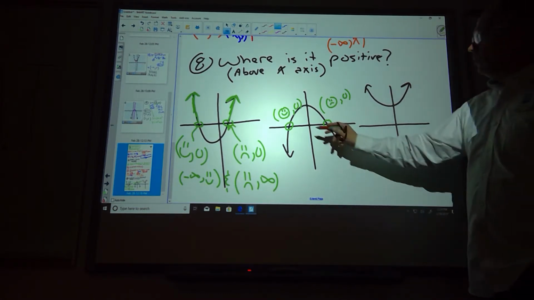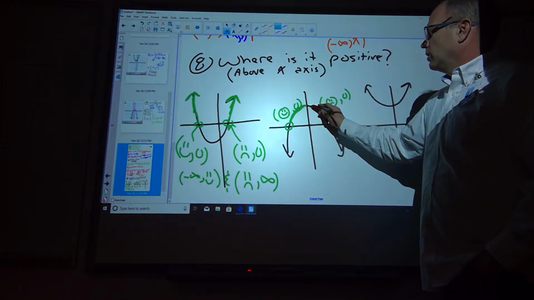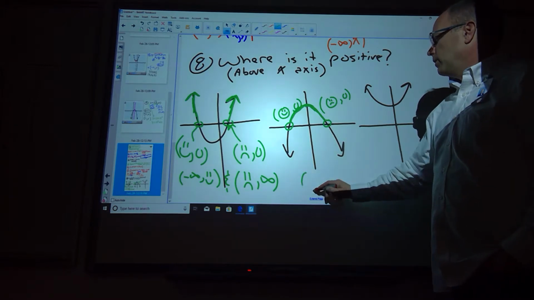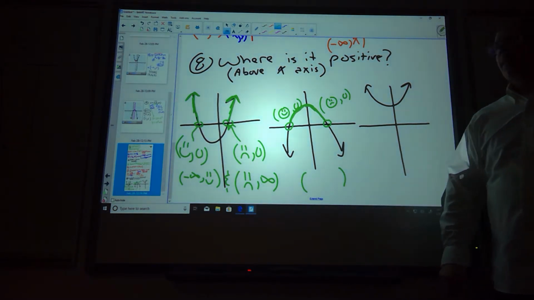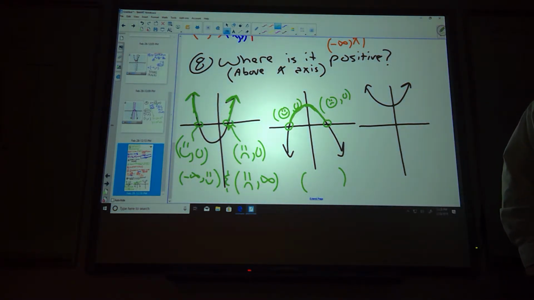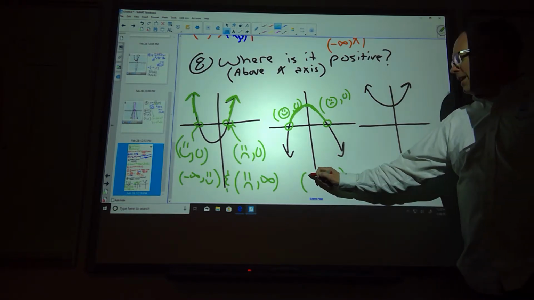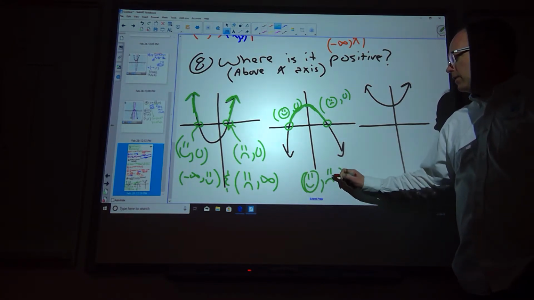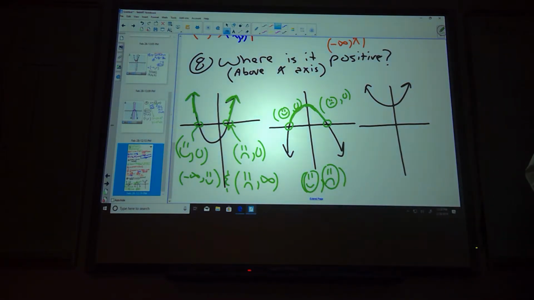Well, it's in between the two. It's here. So how would I represent that with some parentheses? Where's that above it? Happy face to frowny face. Yeah, happy face to frowny face. And again, those could represent numbers.